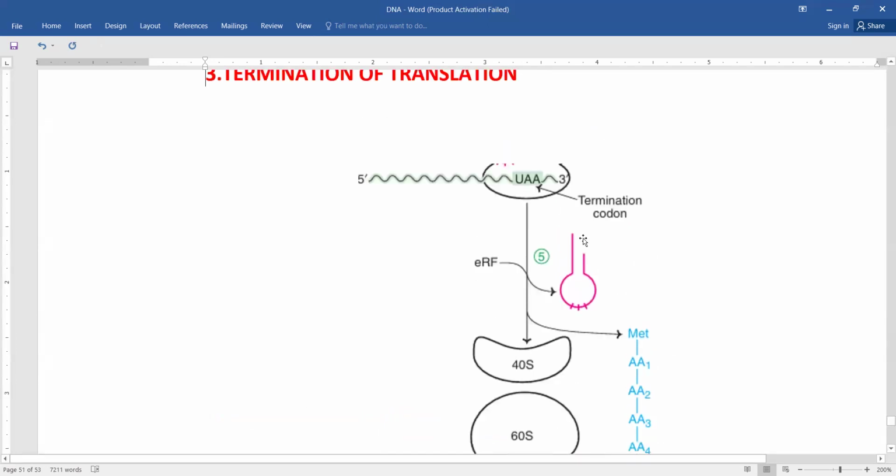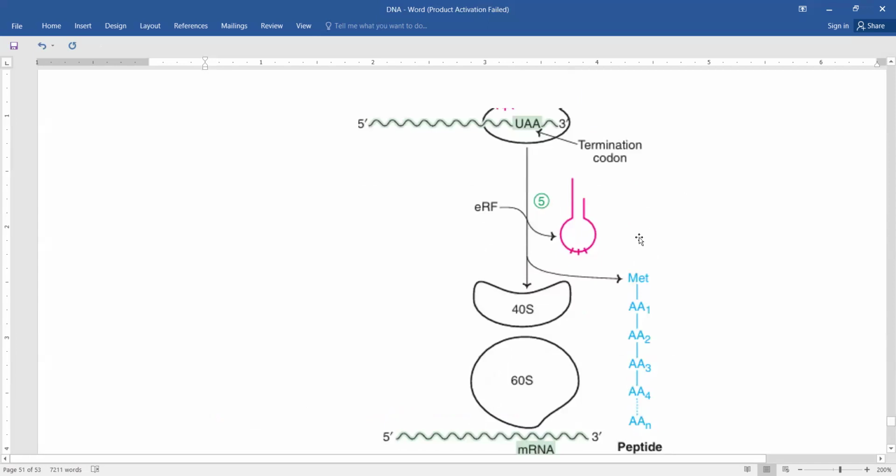The eukaryotic releasing factor binds to this nonsense or terminator codon, so that all are dissociated. The tRNA with the polypeptide is dissociated, and both are released into the lumen of the endoplasmic reticulum or cytoplasm.